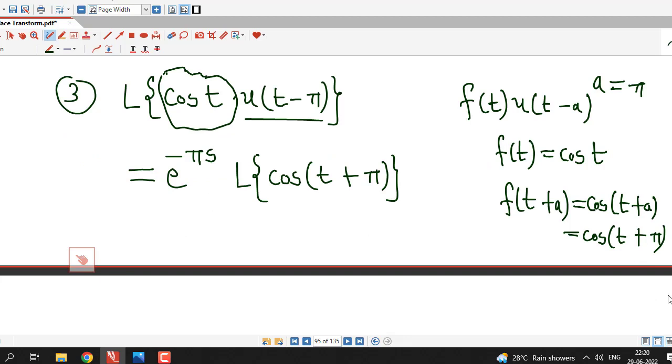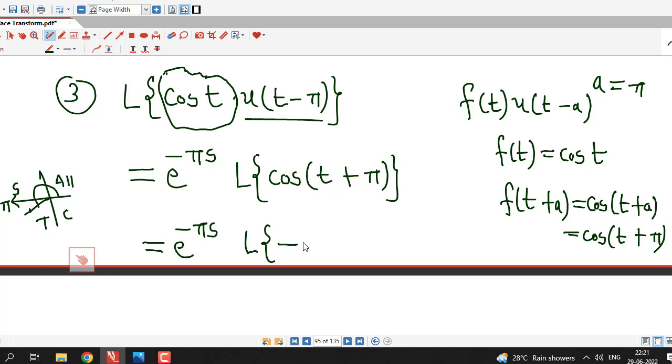Now cosine of t plus pi means we are in third quadrant. Up to this angle is pi, and t plus pi means we are having angle somewhere here. Suppose this is t plus pi. So we are in third quadrant, and we know that in third quadrant tan function is positive, sine and cosine are negative.